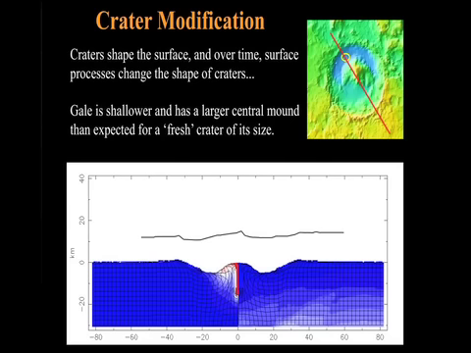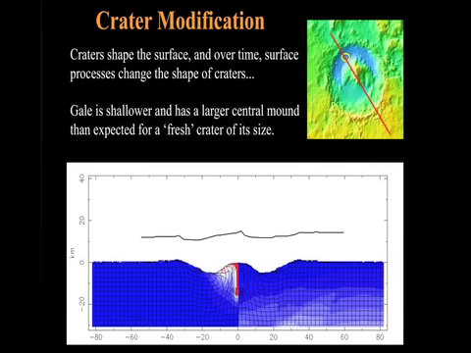Now, vice versa, and this is leading up to Shane's next talk, we do see crater modification by surface processes. So the surface of the planet is being changed by impact cratering, but then over time, the shape of the craters on the surface starts to get affected by surface processes such as erosion and deposition.